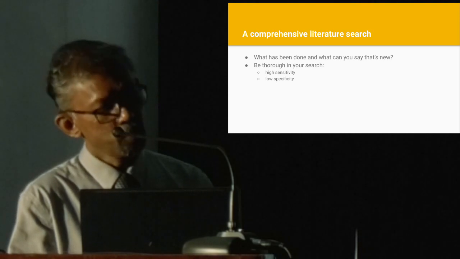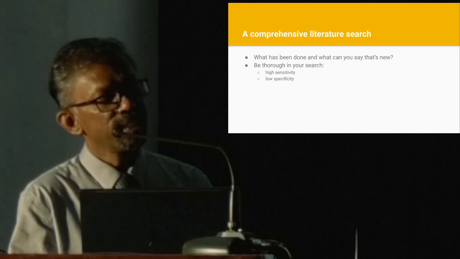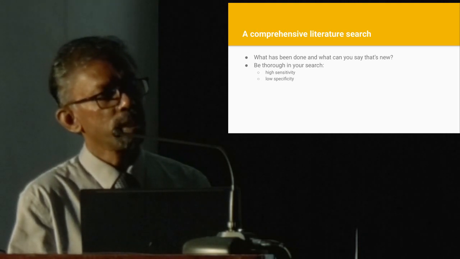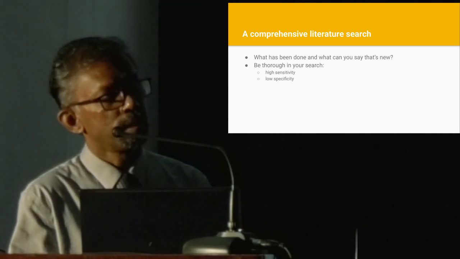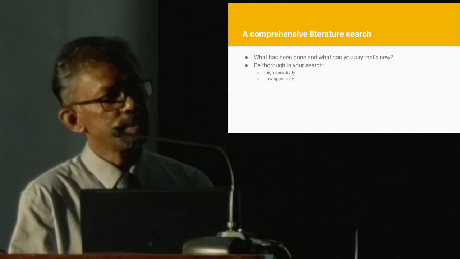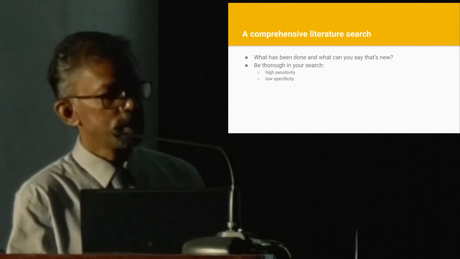So that's how you can achieve high sensitivity. But at the same time, when you try to do that, there is a very high probability of missing out on key research work in that domain, because you have been very specific with your keywords. So therefore, we have to have low specificity also.